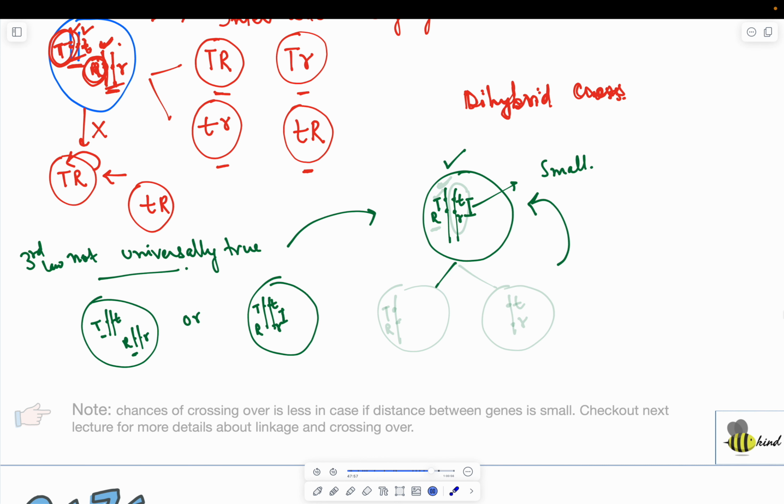Because in this case the segregation, this R will always segregate along with capital T because they are present on the same chromosome. So they will segregate this way only, right? And these alleles will segregate together, right?